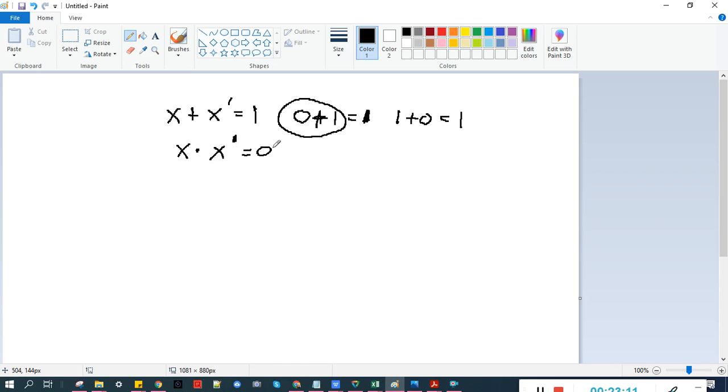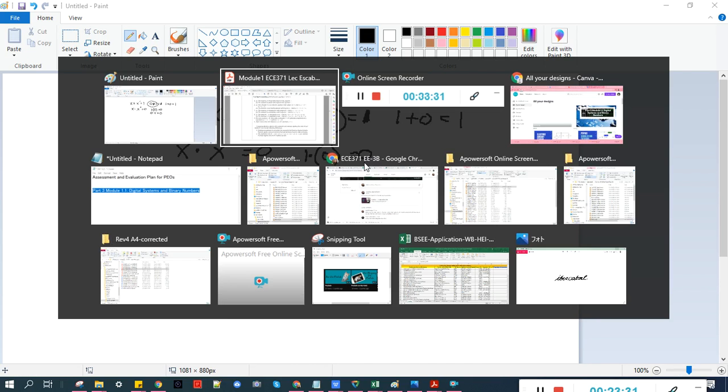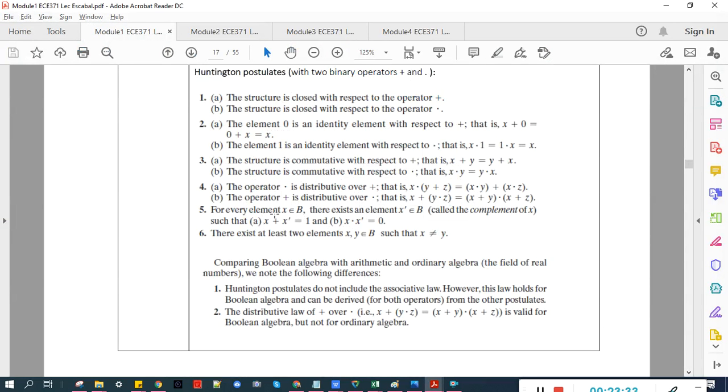So the result will always be 0. If 1 is the input, its complement will be 0, so the result is 0. If 0 is the input, although the complement is 1, both are not 1, so the output will still be 0. So that's for number 5.